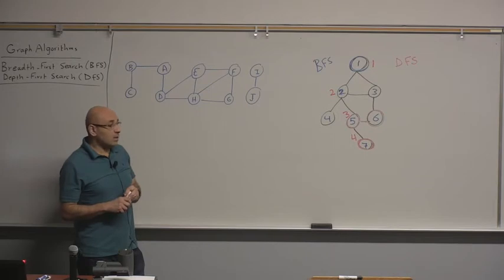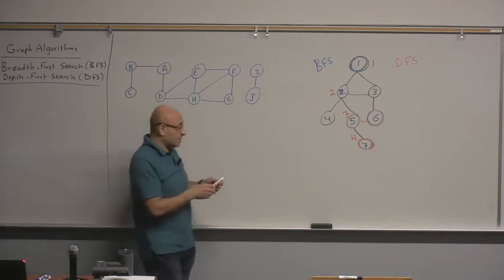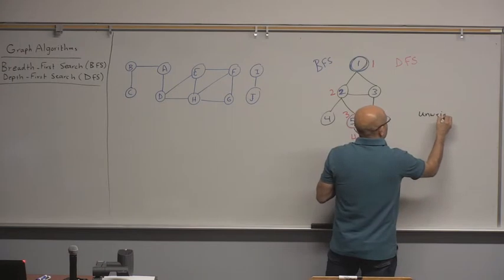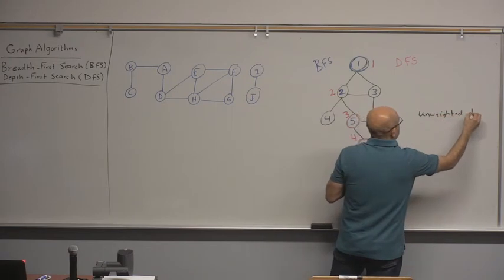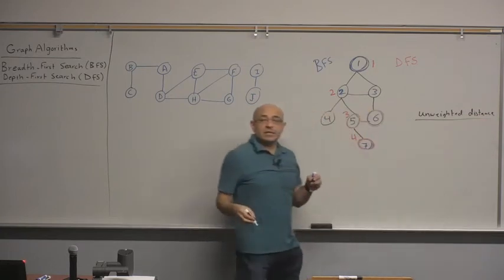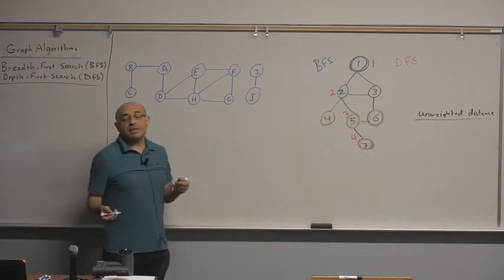So which algorithm should I use if I'm interested in finding the shortest unweighted distance between the source and a given vertex in the graph? Breadth first, yeah.